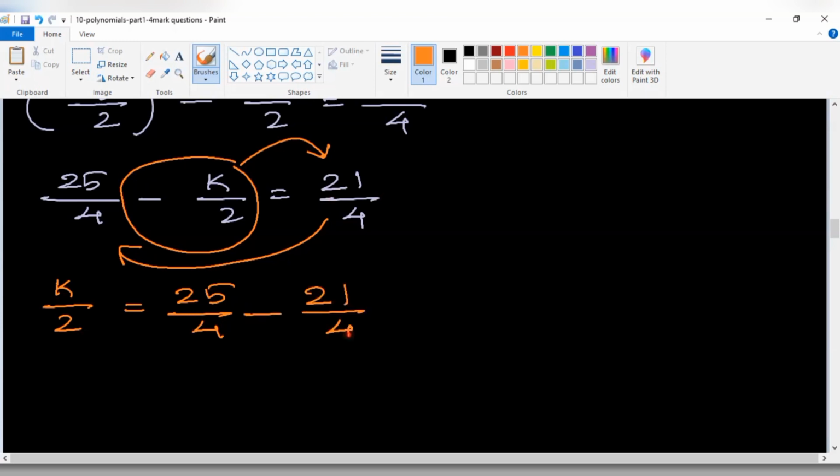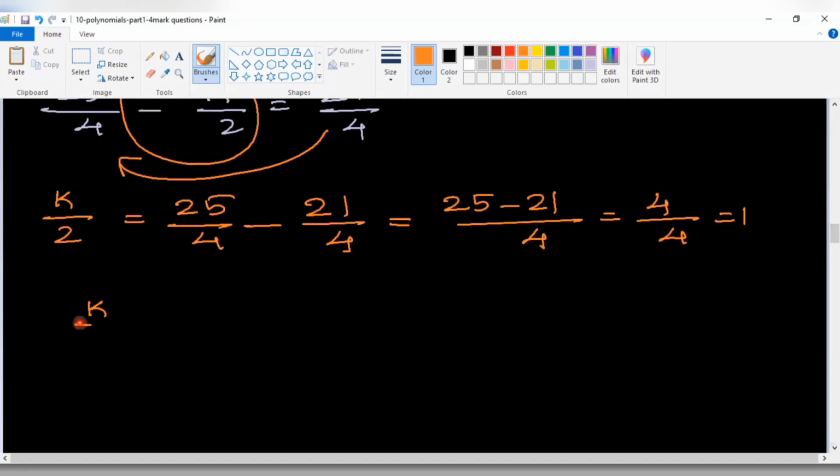Both these fractions have the same denominator, so we can simply subtract the numerator part. 25 minus 21 is 4. So 4 by 4 equals 1. So k by 2 is 1, or we can say k is equal to 2, because we can take this 2 to the other side. 2 into 1, 2. So this is the answer, value of k.